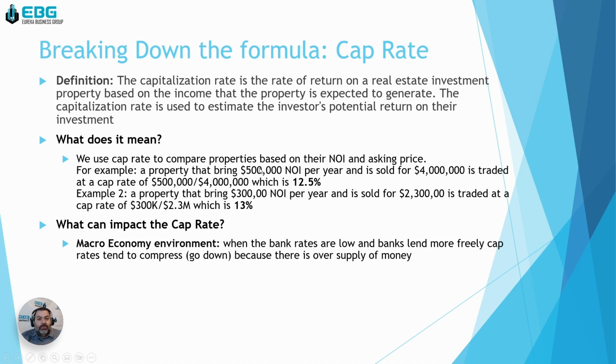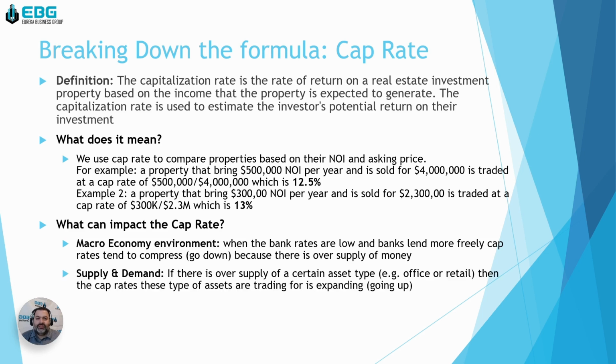So first of all, macroeconomy. In an economy that is expanding and things are going great and money is more available, then the cap rates will compress, they will go down because the property values will go up. In an economy that goes the other way, cap rates expanding means valuations go down. Supply and demand.